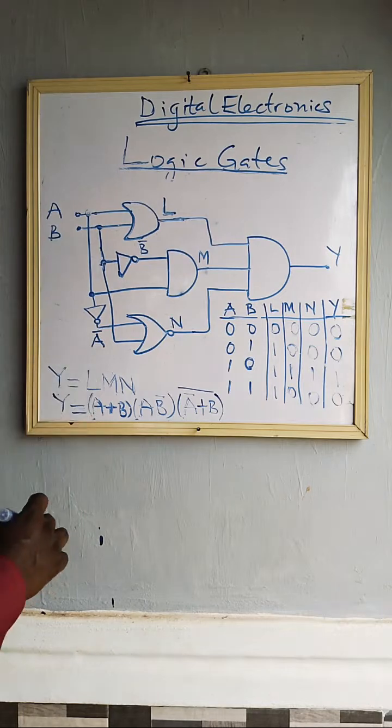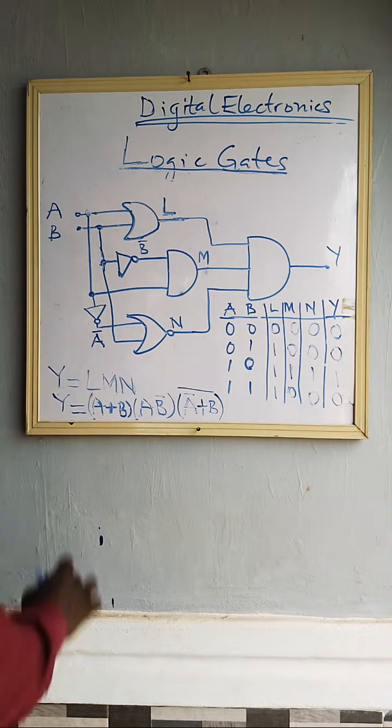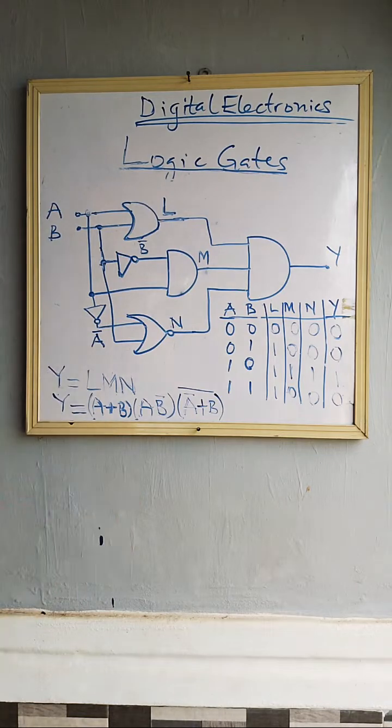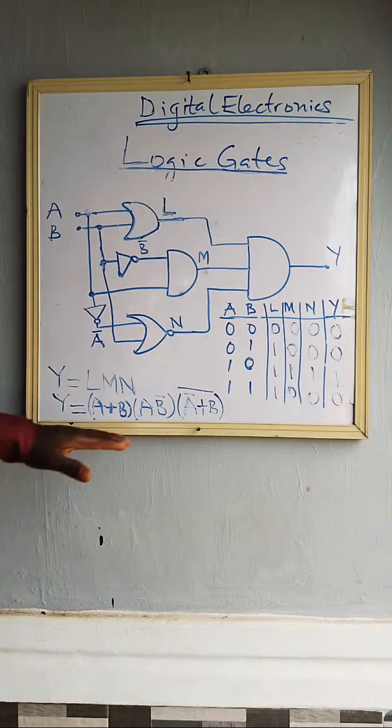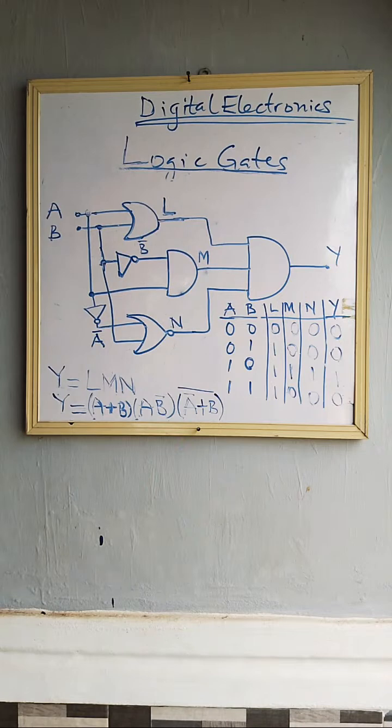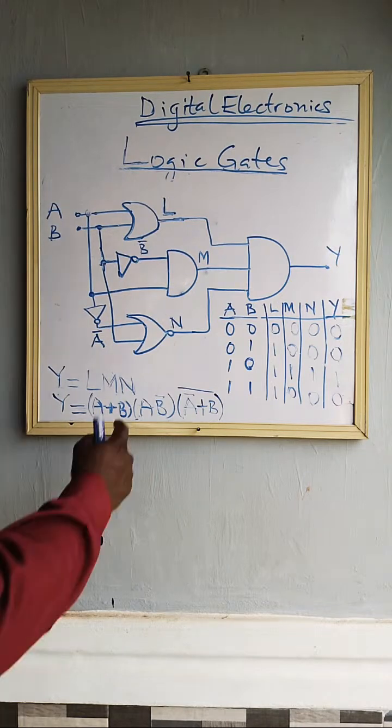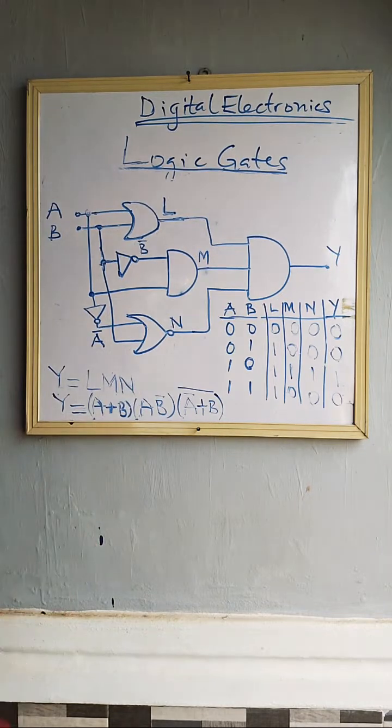So what we do now is we simplify using Boolean algebra. The laws of Boolean algebra include the associative law, the commutative law, the distributive law, inversion, and then De Morgan's theorem. It will be easier to simplify what we have here if we use De Morgan's theorem.